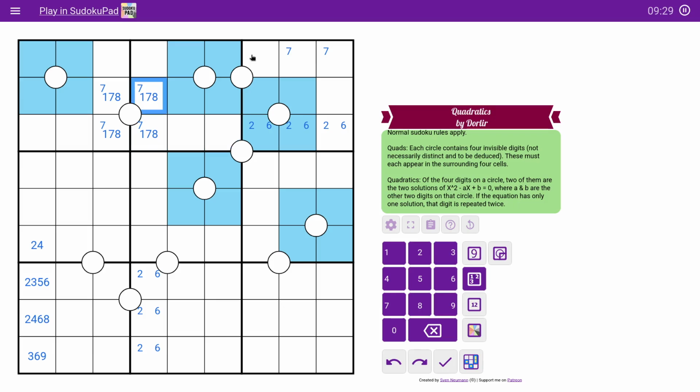So one of these has an 8, and the other of these has a 2, 4, 6, 8. The 8 appears with a 7 and a 2, 3, 5, 6, leaving 1, 4, 9 in some order, either here or here.